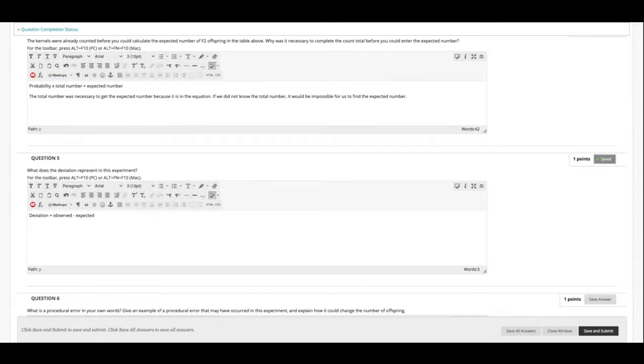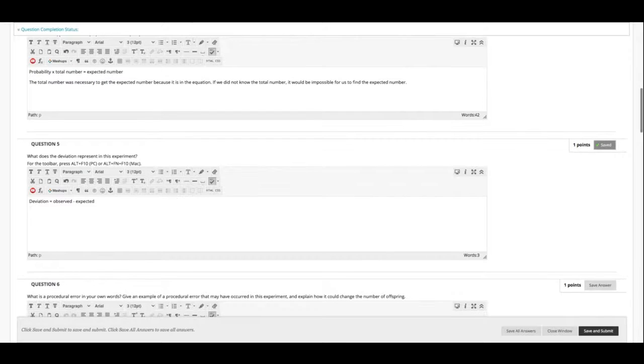The difference. I kind of see what you were saying about how it represents how close we were to the expected. I agree too. It's a measure. Either one, I think either way is right.